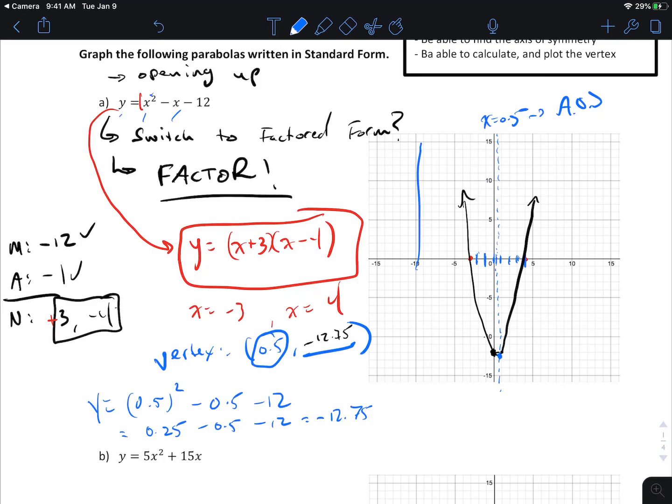The vertex, the point of interest, is what I care about in order to produce the graph, because I need to know how far down it goes. I know it has to lie along the axis of symmetry, right? So if I plug in this value of 0.5 into the equation, I get where on that axis of symmetry it falls, how far down the y-axis it is. So I just plug in points to see what's up.